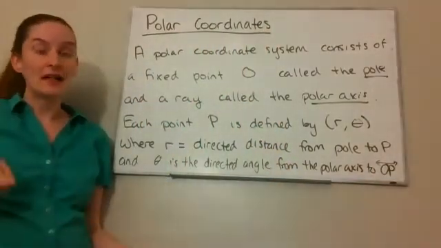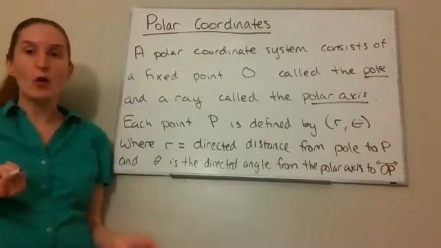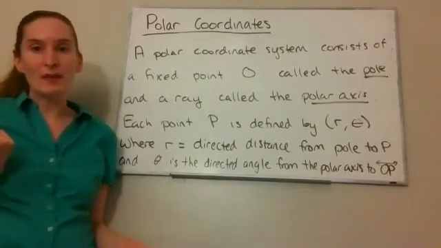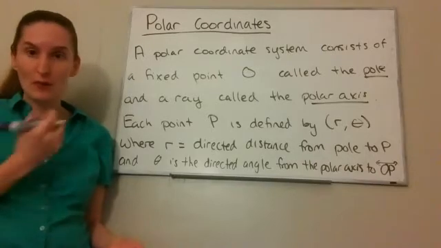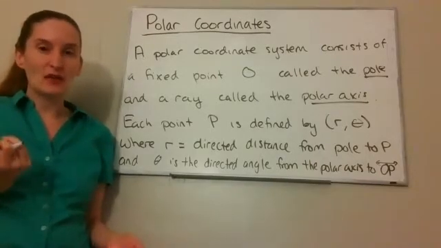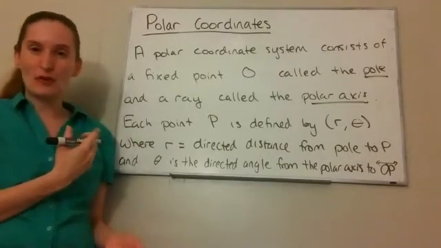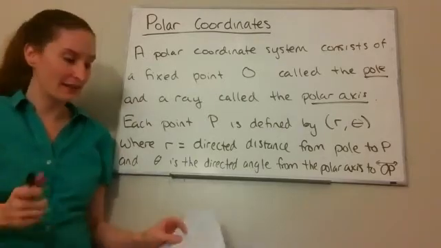So instead of defining a point based on x and y coordinates, we're defining a point based on the distance away from the pole and the angle that the line through the pole and the point makes with the polar axis.